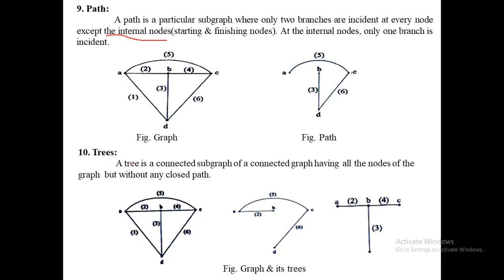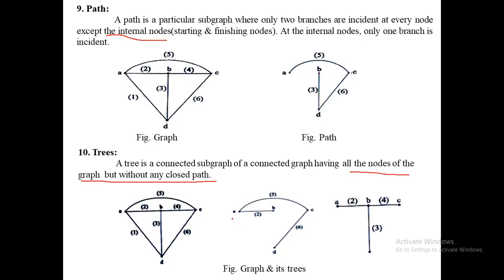Next one is the tree. A tree is a connected subgraph of a connected graph having all the nodes of the graph but without any closed path. In a tree, all the nodes are present but there is no closed path. Consider this diagram. This is the graph, and we have to draw the tree of this graph.